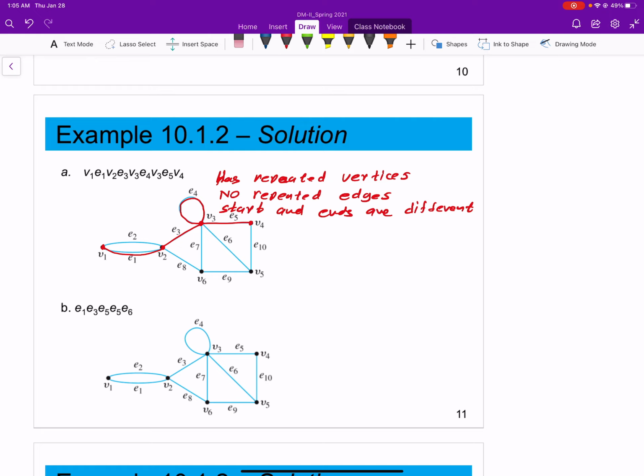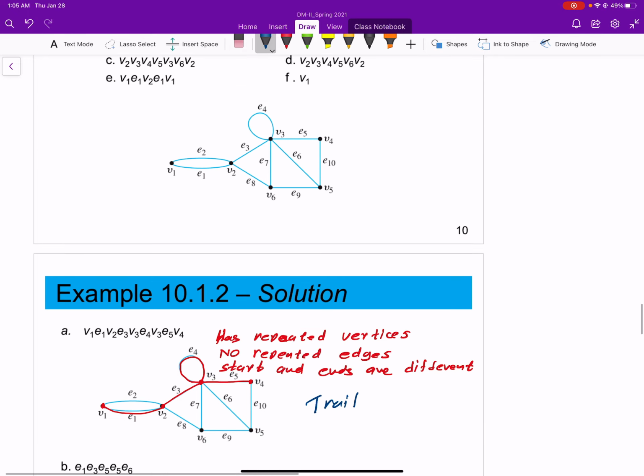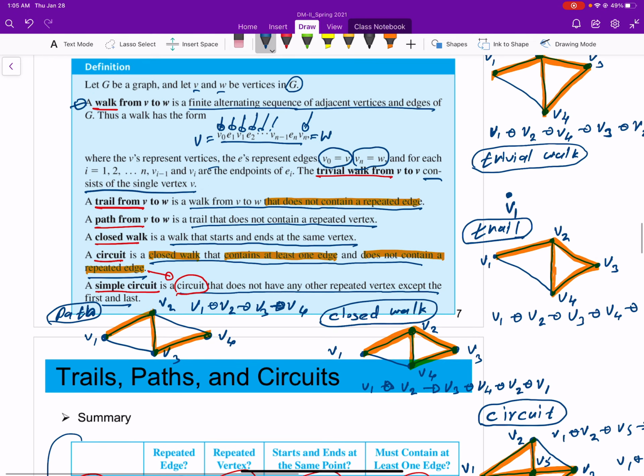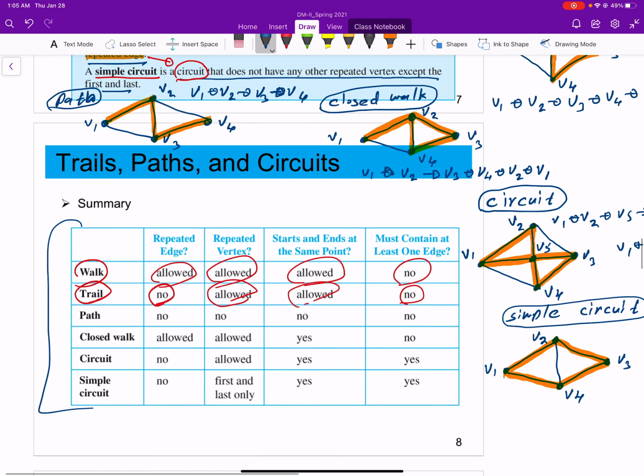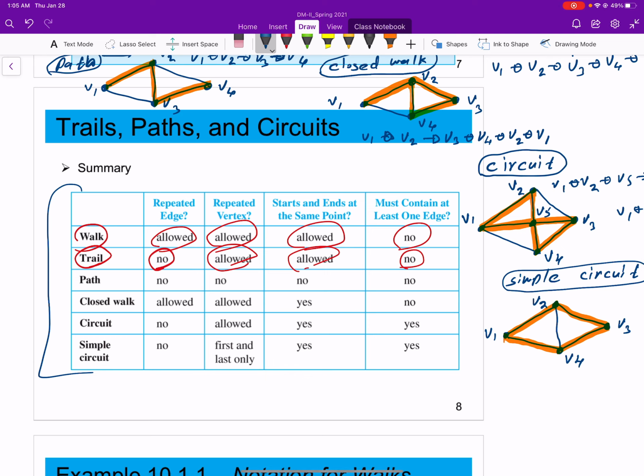This is a trail. Okay, it has only repeated vertices. Go back to the definition of a trail. It does not have repeated edges, but it can have repeated vertices.